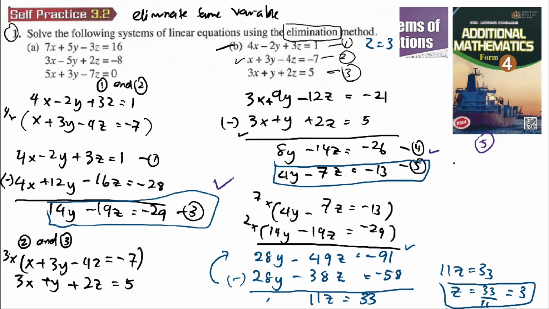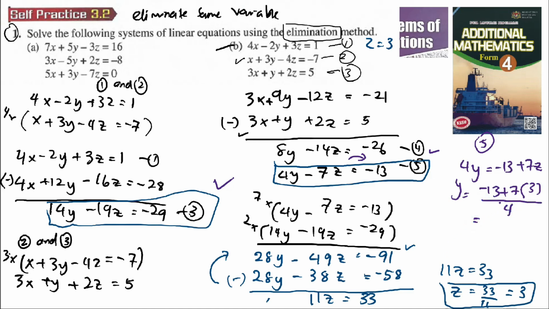So this one is 4y minus 7z is equal to negative 13, right? So 4y is equal to negative 13. You bring to the other side, you get positive 7z. So y is equal to negative 13 plus 7z, we get 3, divided by 4. So just use your calculator.